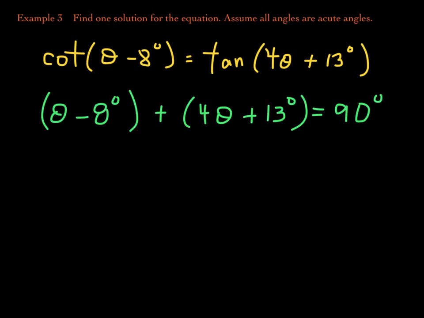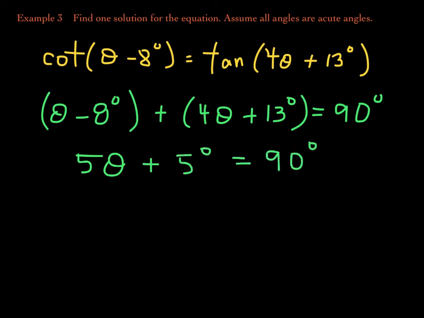So I've taken these arguments and I have summed them to 90 degrees because that's the only case in which this statement will hold. All right, so I can go ahead and combine like terms. 4 theta and 1 theta is 5 theta, and negative 8 degrees and 13 degrees is 5 degrees.